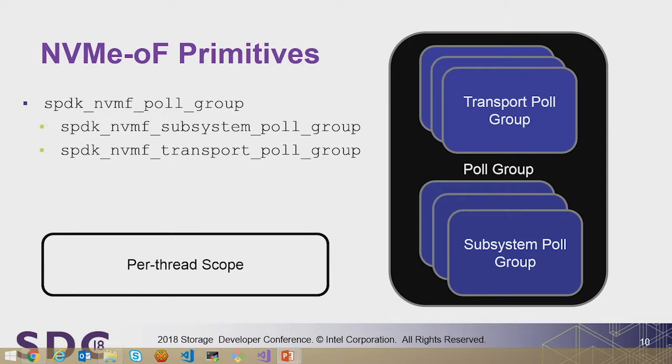These are per thread mirrors of some of the global data. This is for consistency, and it's a strategy to avoid locking. The poll groups are not strictly tied to a thread, but that's what we intended: you create one poll group per thread, and some of the state of the global objects is mirrored into here.